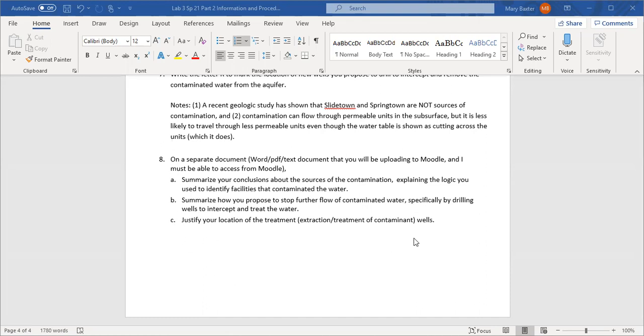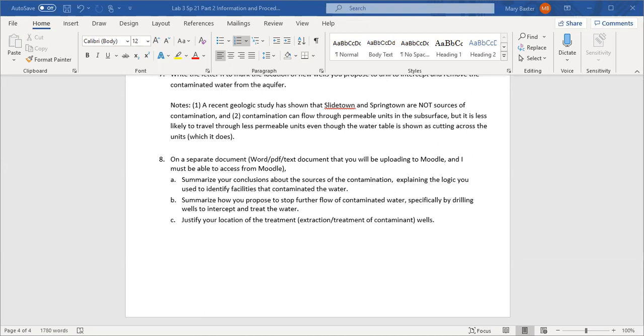I figure that handwritten, it should be at least a half a page. Typed, depending on the font size you use, 12 font Arial or something like that, and you actually make it paragraphs with spacing in between, then it could be up to a half page.